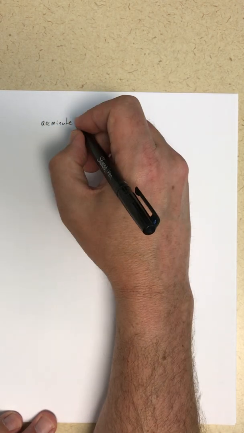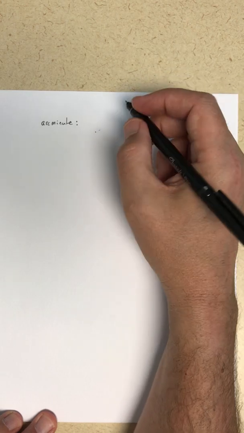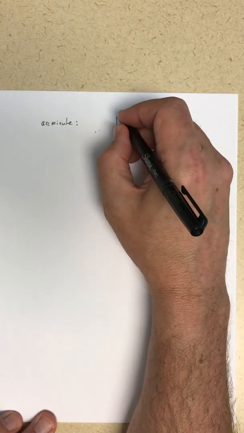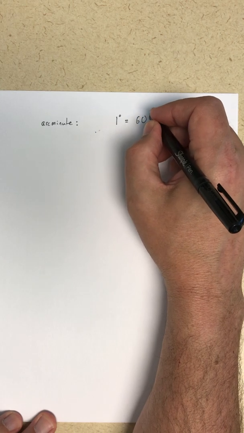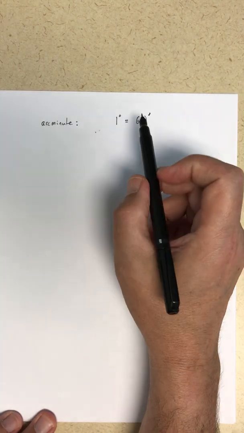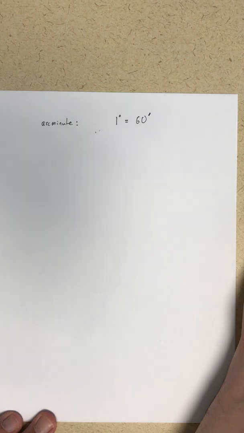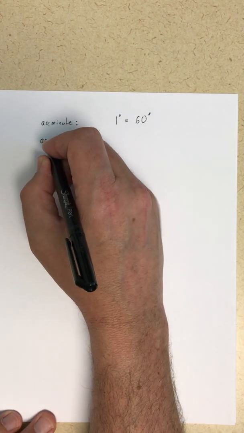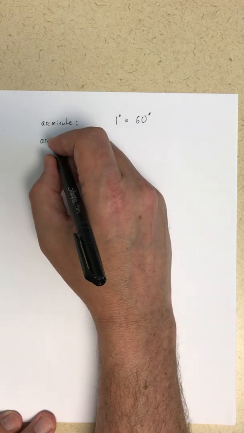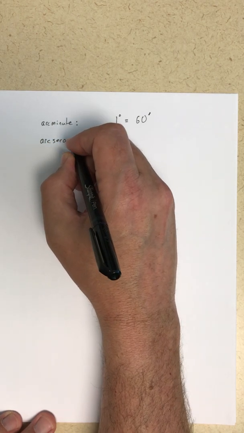There is the arc minute. 1 degree of angle is equal to 60 arc minutes. So a single tick mark means arc minute. And then there's a smaller unit to measure angle called the arc second.